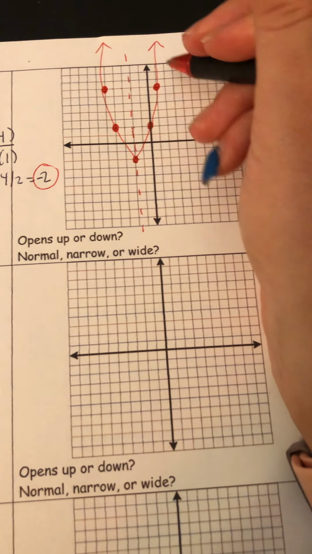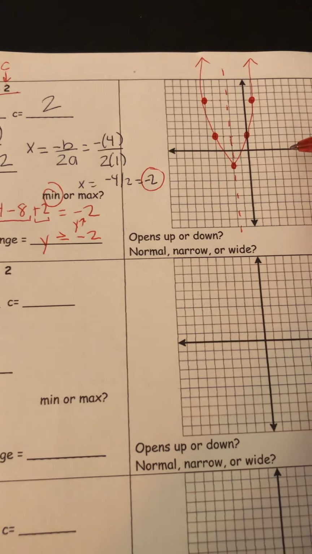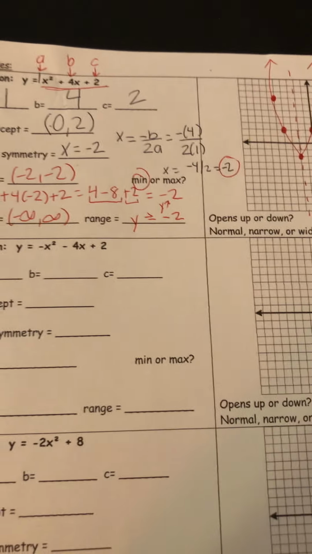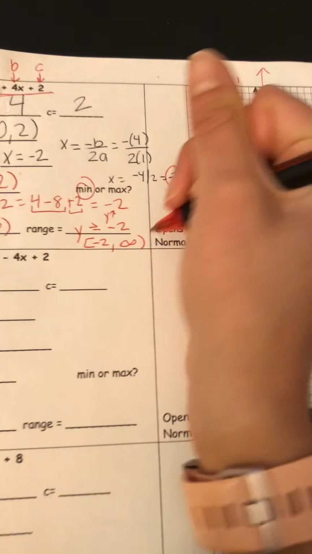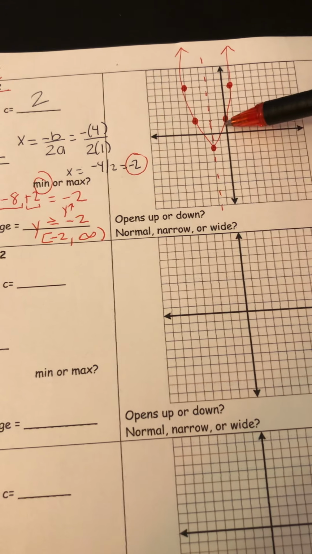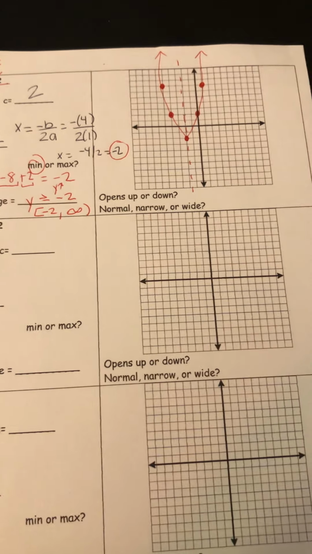But then it can be anything bigger, because that's where the parabola is going. So my range is going to be y is greater than or equal to -2. But if I want to write this as an ordered pair, I'm going to have it be -2 to positive infinity, because it can be -2, but the y values are going to keep increasing as the parabola increases.